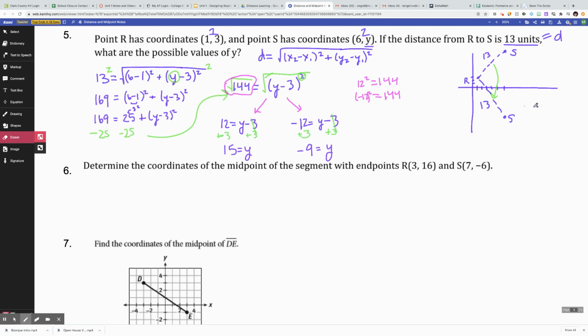This coordinate down here would be 6, negative 9, and this coordinate up here would be 6, 15. If you plug these two values, the 15 and the negative 9, back into the distance formula, you will get that the distance is 13.